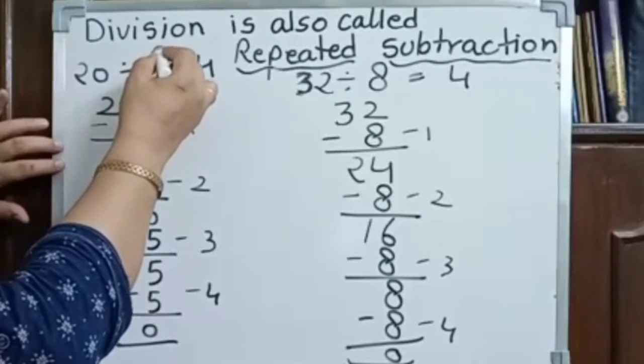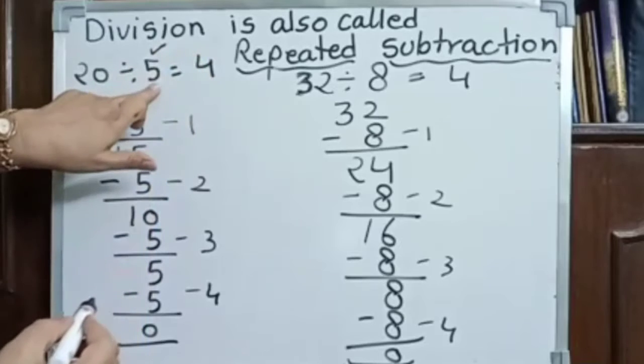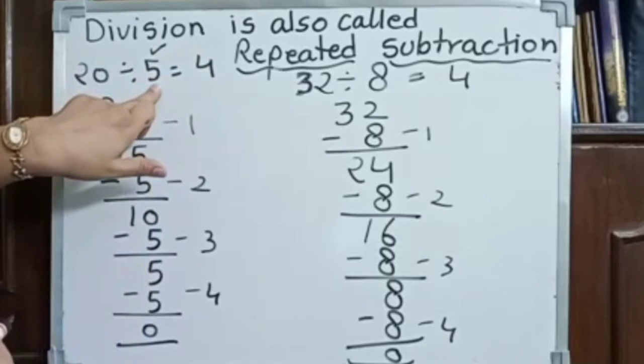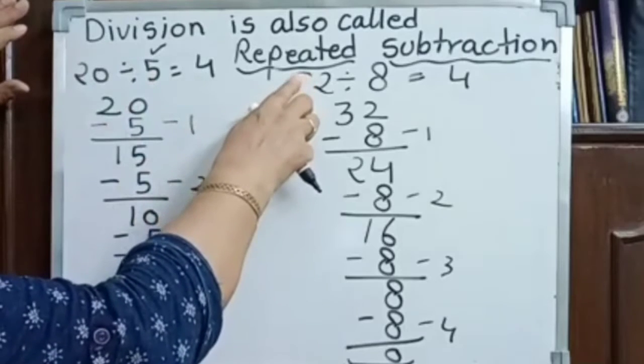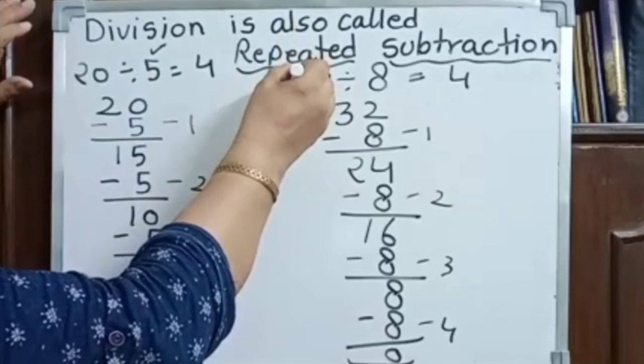We have to repeat subtraction by the smaller number, that is the divisor.